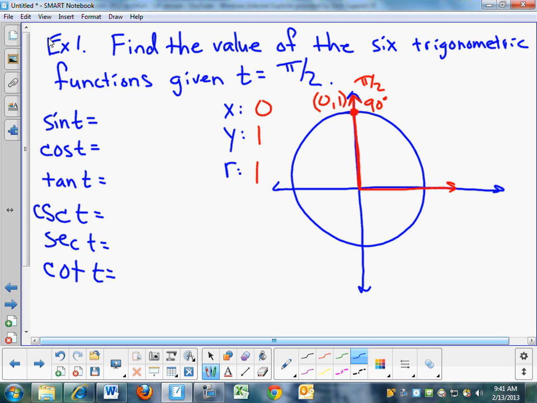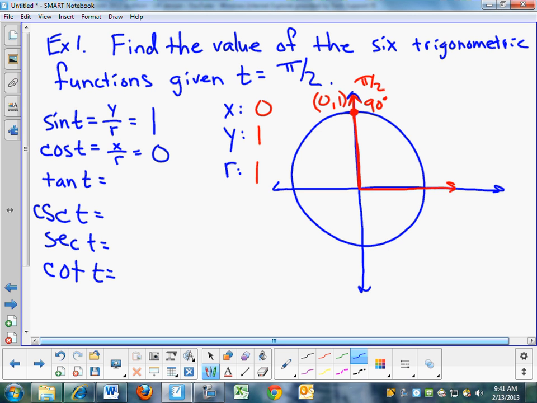So sine of t is y over r. So what's that going to be? 1. Sine is exactly 1 at pi over 2. Nowhere else is sine equal to 1. That's the only spot. And that's actually the largest value that sine can achieve, 1. Cosine is x over r, which is 0. Cosine happens to be 0 at 90 degrees, or pi over 2. These are very, very good values to memorize.